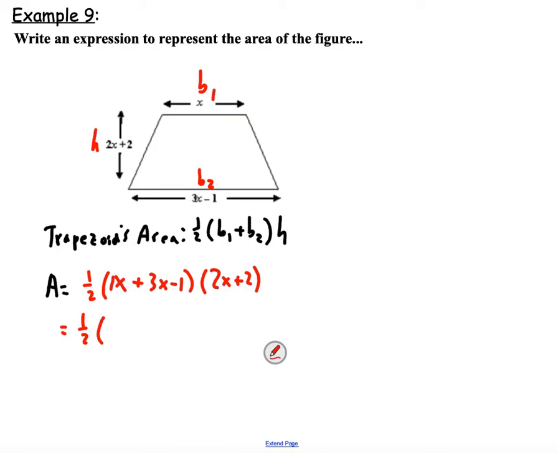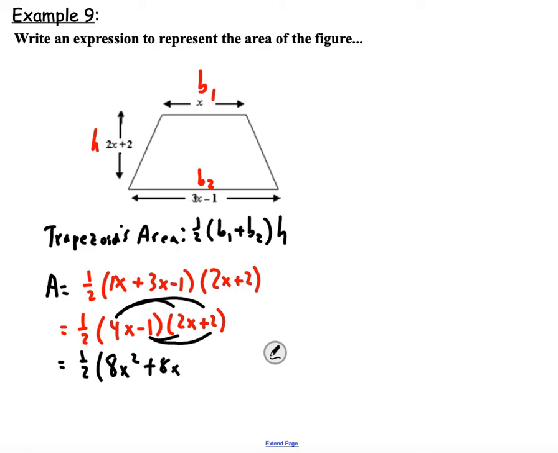So if I combine my like terms inside the parentheses there, 1x plus 3x is 4x. And now I have to FOIL this out. So 4x times 2x there is 8x squared. 4x times 2 there is 8x. Minus 1 times 2x is a minus 2x. Minus 1 times 2 is a minus 2.